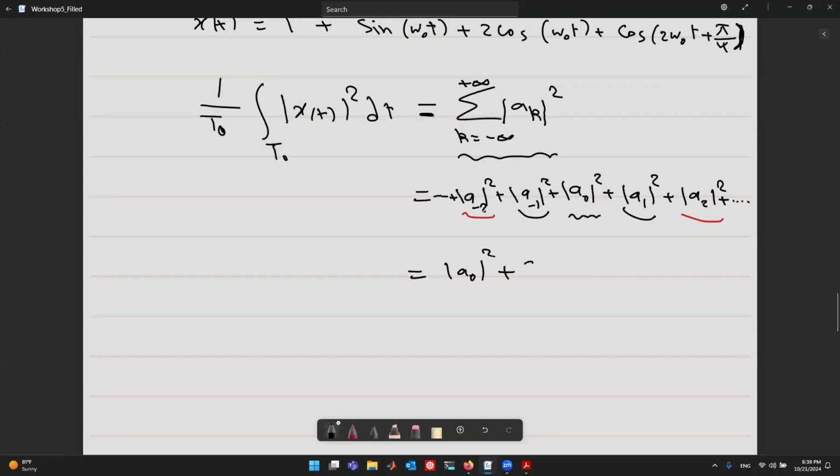So we have 2 times the summation from k equals 1 to infinity of |a_k|^2. We do the summation on just one side of the spectrum, multiply it by 2, and add the term at 0. Good.